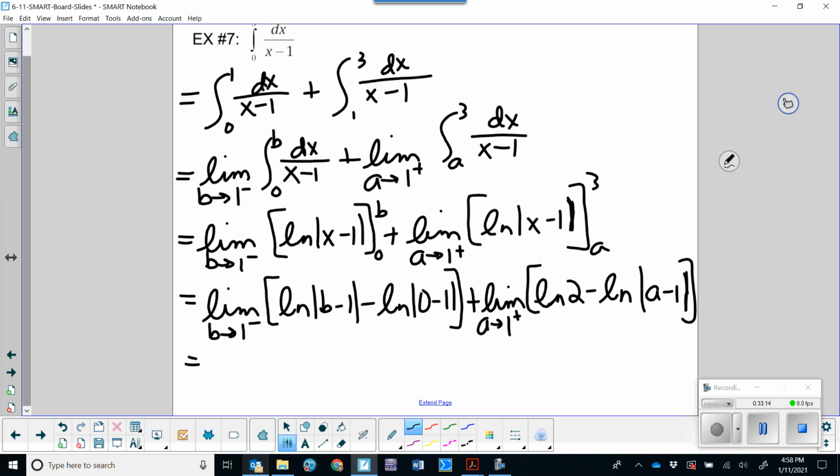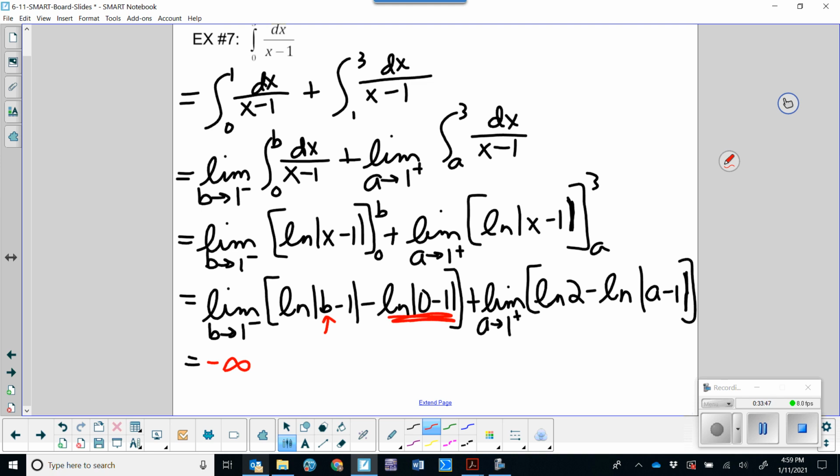You can't really plug in a 1 because if you plug in 1, you would have ln of 0, and ln of 0 is not allowed. So if you approach 0, because it's 1 minus 1, but I'm coming from the left, I'm going to get minus infinity for that part. And then this is ln of 1, which is 0.